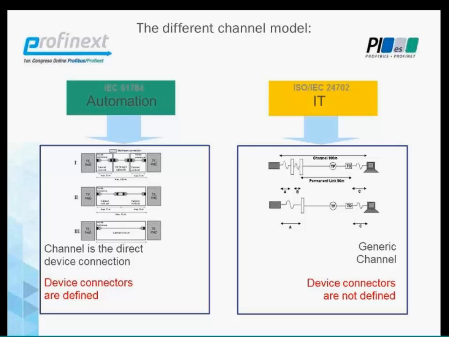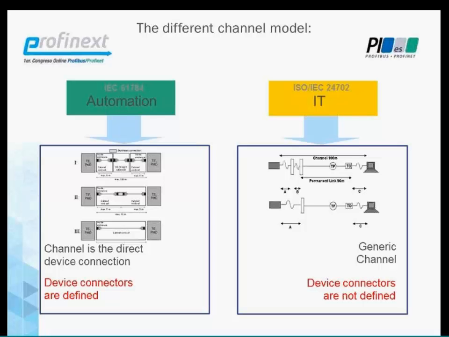For Profinet, we use a channel model where we have the direct device connection. So that is one application for cabling where you have two devices and you want to connect them directly. Then you need a connector on the side of the first device and on the second device.